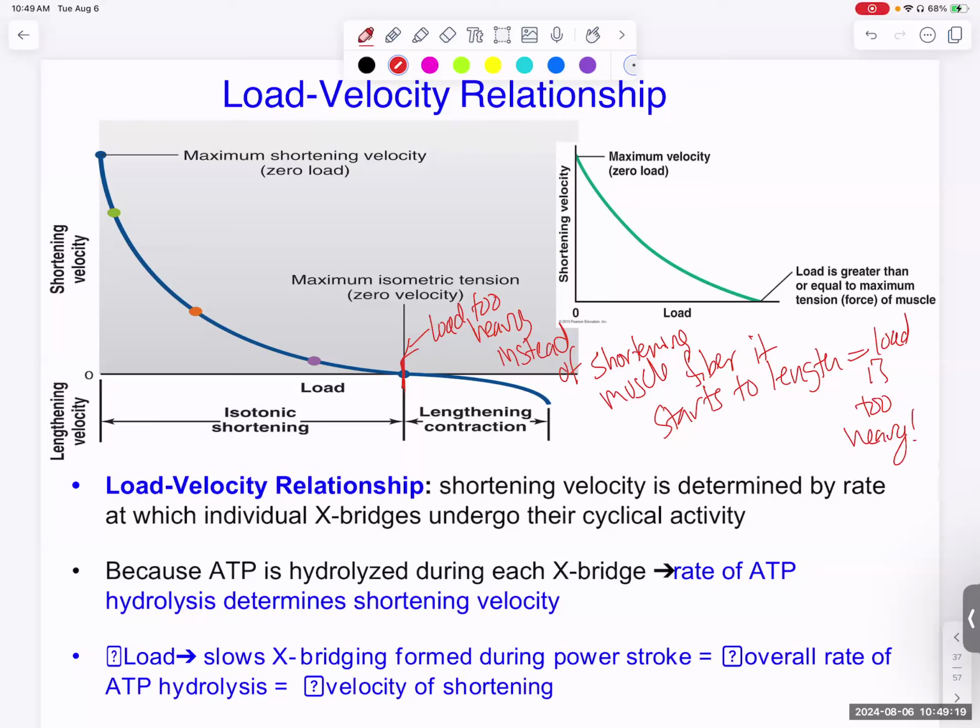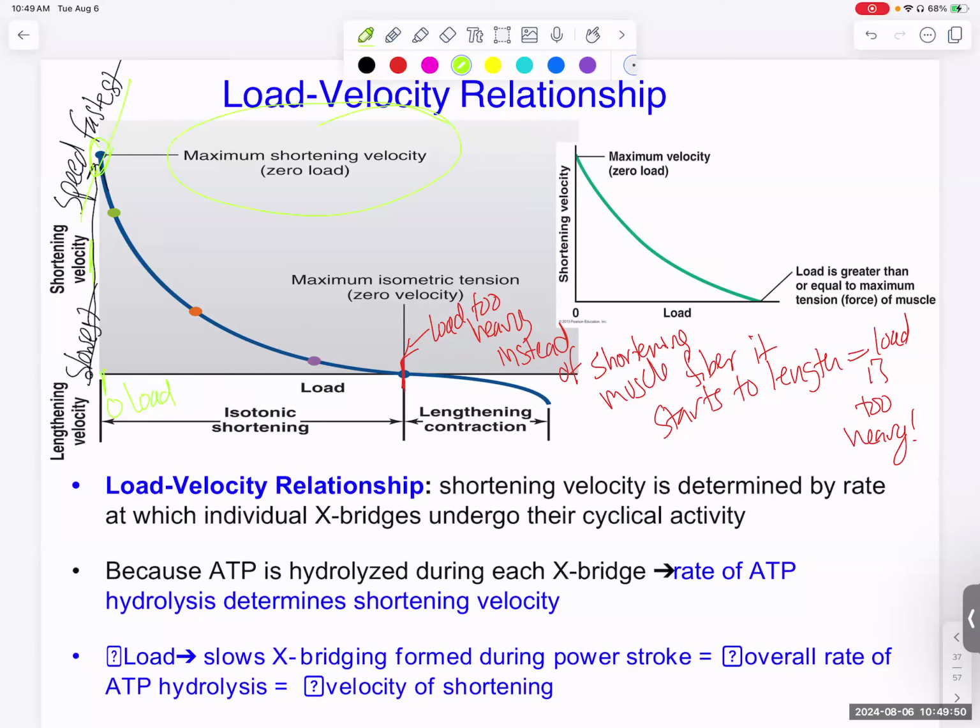So when we look at this, this is the velocity, this is speed, right? So as we go up, this is fastest and this is slowest. If we have no load, so this is zero load, it's maximum. We can go fastest, right?